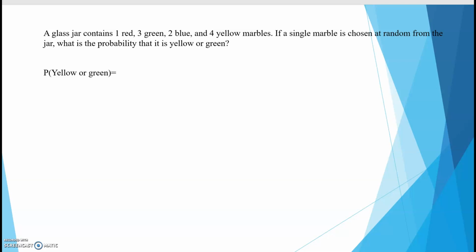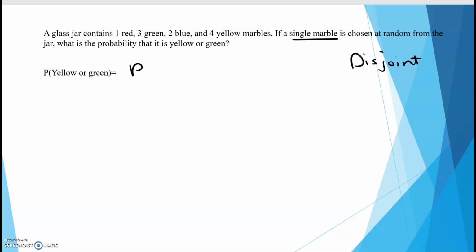Okay, a glass jar contains 1 red, 3 green, 2 blue, and 4 yellow marbles. If a single marble is chosen at random from the jar, what's the probability that it is yellow or green? Okay, if I take 1 marble out of this jar, can it both be yellow and green at the same time? Well, no. So again, this is disjoint.